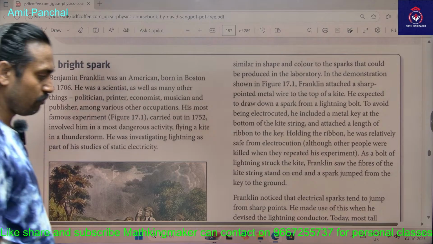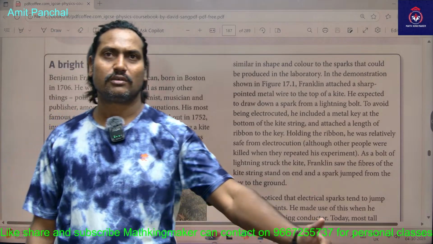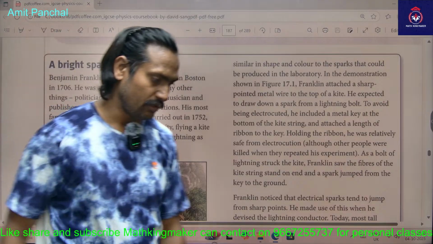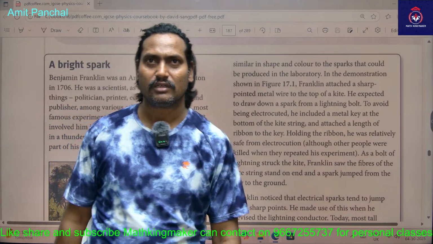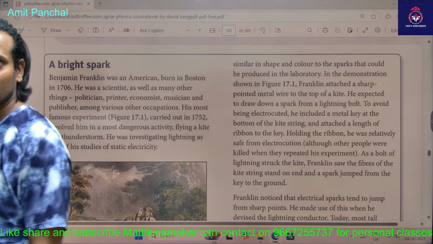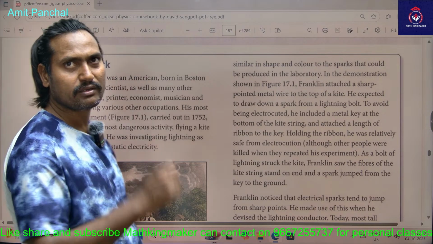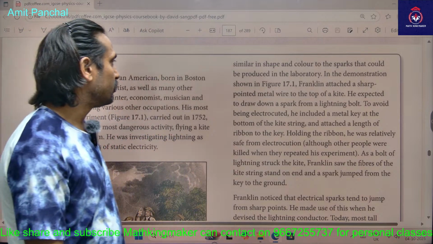If you use plastic slippers and you are walking on the floor, and if there is an iron door, if you touch that, there is a little spark. Why is it there? Because your body is charged enough to provide a spark. So this is basically the charge.